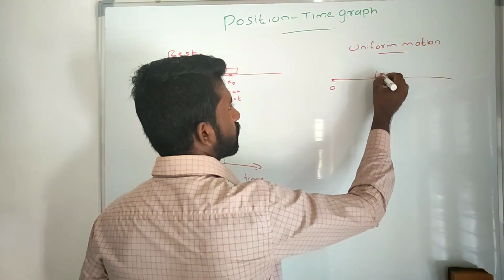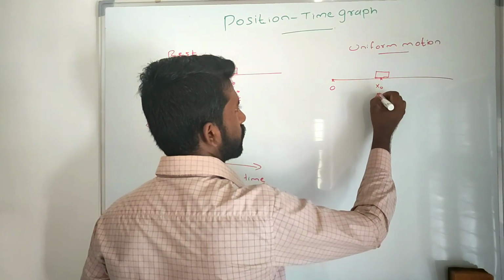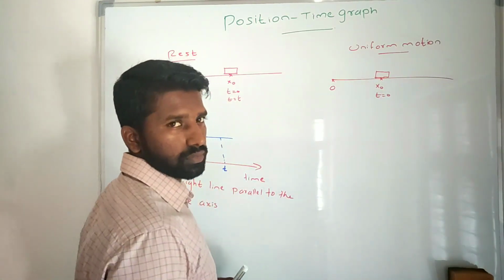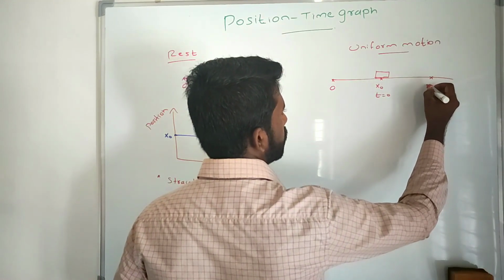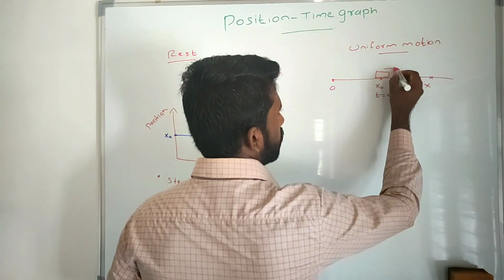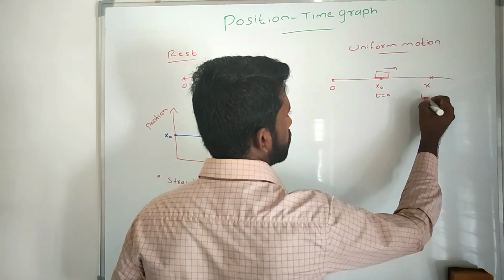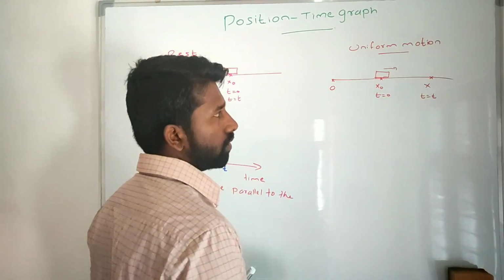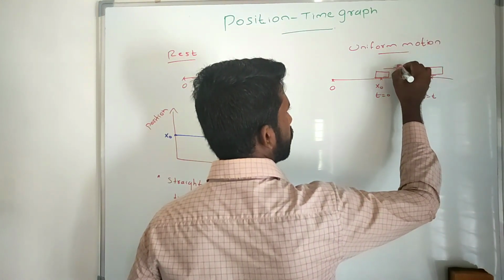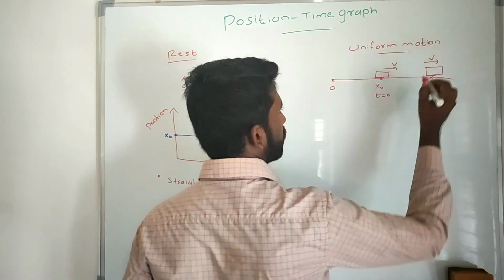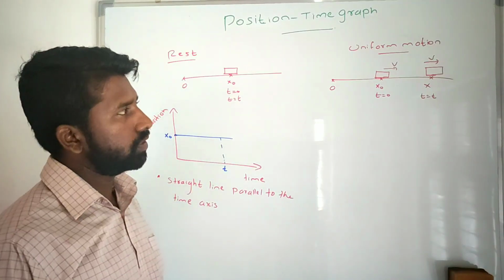Initially the body is at position x0 at t equal to 0. After t time the body reaches the position x. In this entire motion the velocity v is constant. The final velocity is also the same.